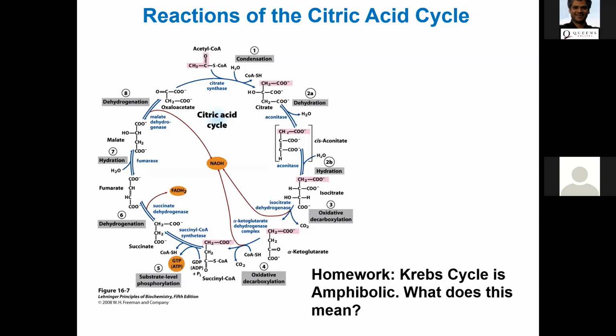That's consistent: once it is an irreversible reaction under cellular conditions, you want to make sure that that enzyme is very tightly regulated, either by post-translational modifications such as phosphorylation or by allosteric means.